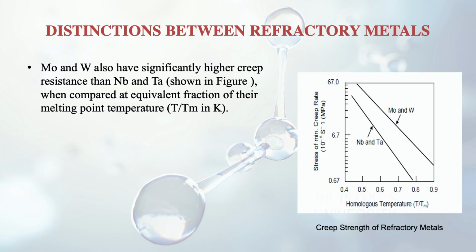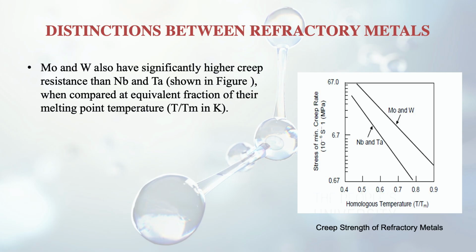Continuing with that, molybdenum and tungsten again have significantly higher creep resistance than niobium and tantalum, and this is given in this figure, which has homologous temperature on the x-axis, and stress on the y-axis. You can see here that the Mo and W curve is somewhat higher than the Nb and Ta curve.